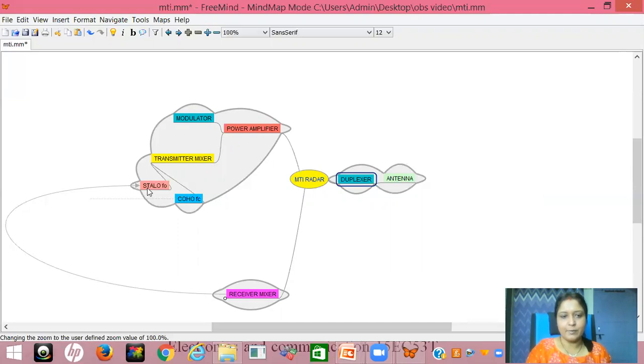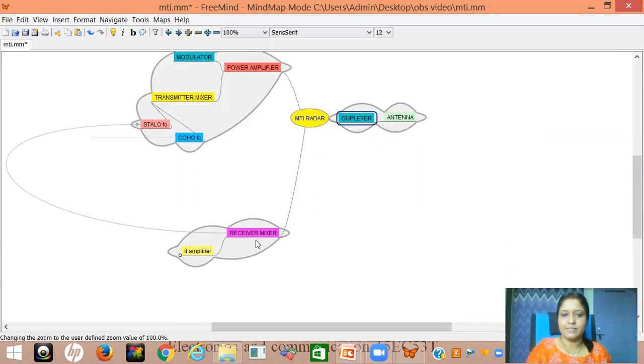Now we can see this stable local oscillator is also connected to the receiver mixer. When the signals are received through the antenna, the duplexer gives that signal to the receiver mixer, and the stable local oscillator signal is also mixed to remove this F0, and here you will get only that FC, the same as the IF signal.